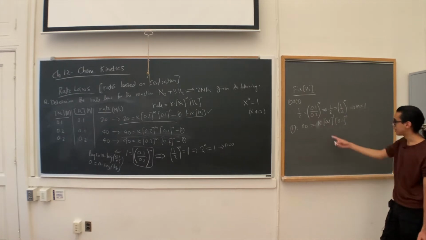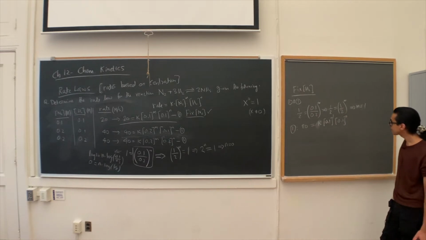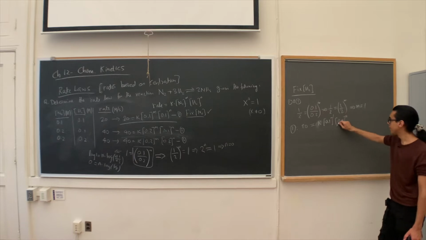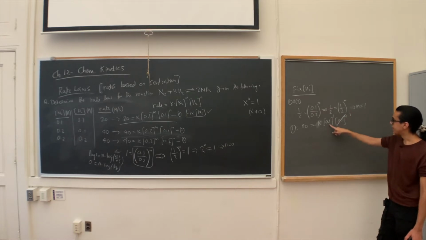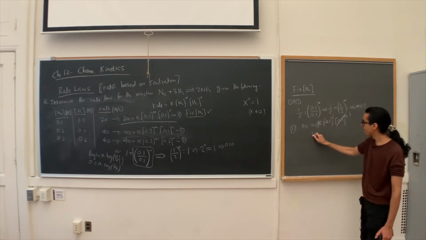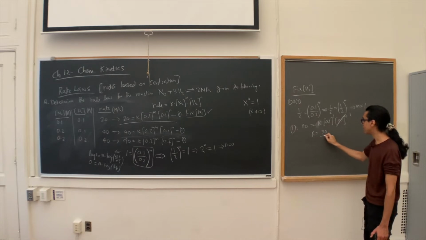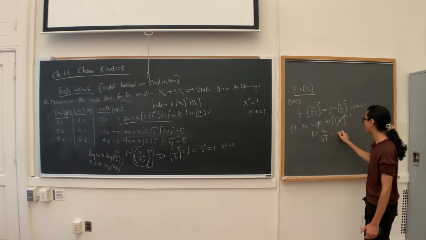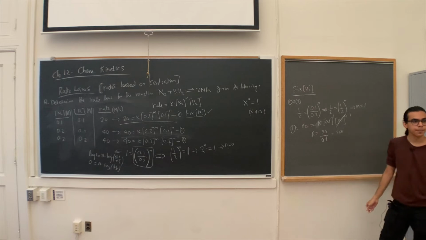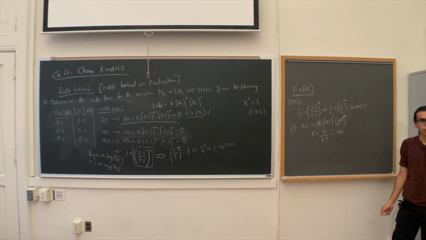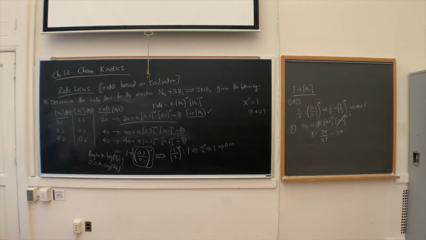And now all you have is one variable, which is good. Anything to the 0, this becomes 1. That's just 0.1. And so k would be 20 over 0.1, 200. The last step is always very easy.